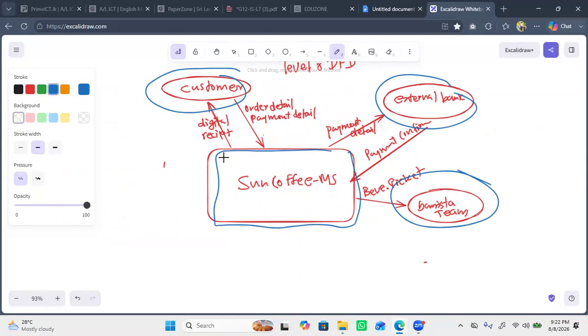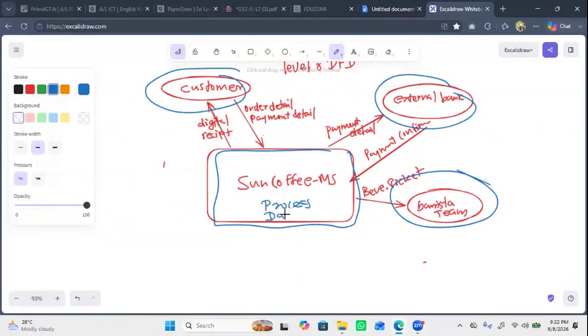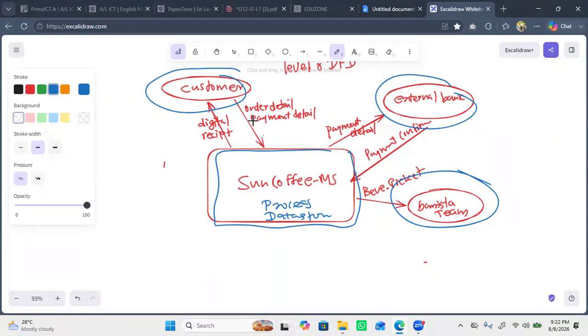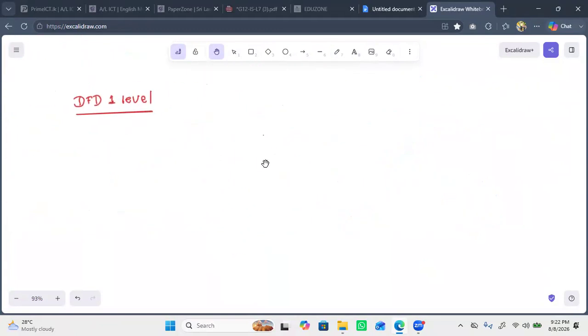You didn't see the inside processes. You didn't see the databases, data stores inside the system. Now you are going to see what those processes and databases are. So you are going to break this down into separate components in DFD level 1. Let's see how we are going to do this.